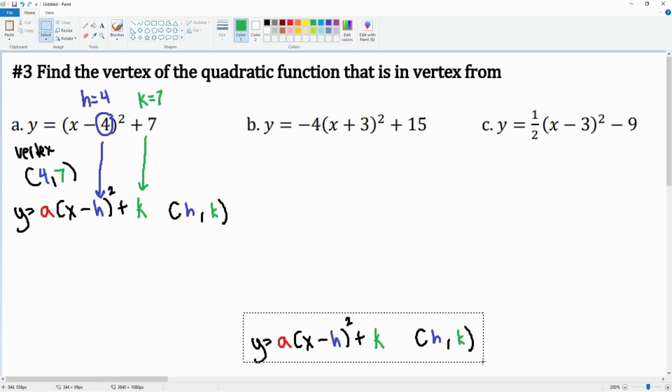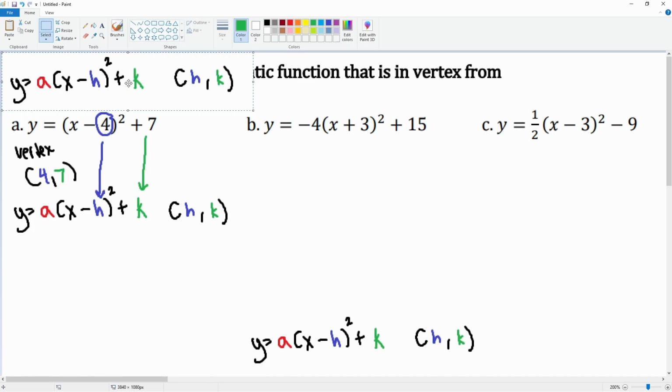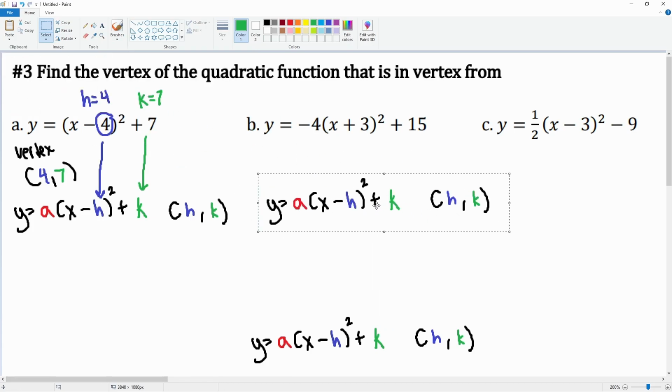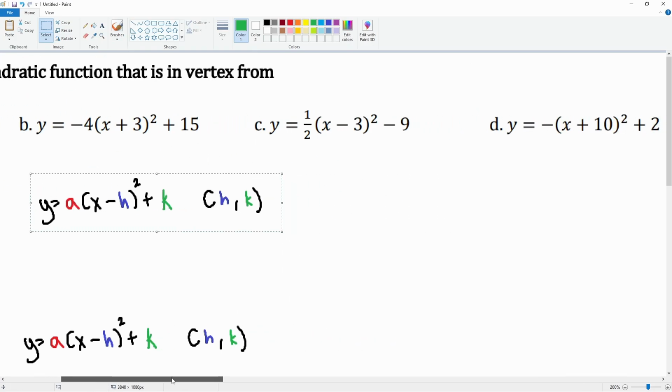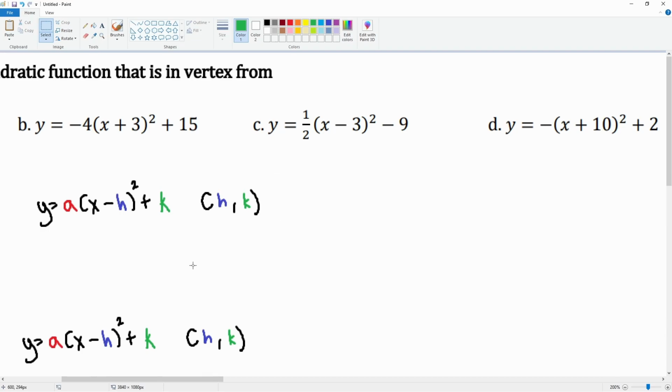All right, so again, let's use this formula to help us. Let's get the vertex. So this is the h. But look, do you see how there's a minus here? It has to be a minus. So we think about the opposite.